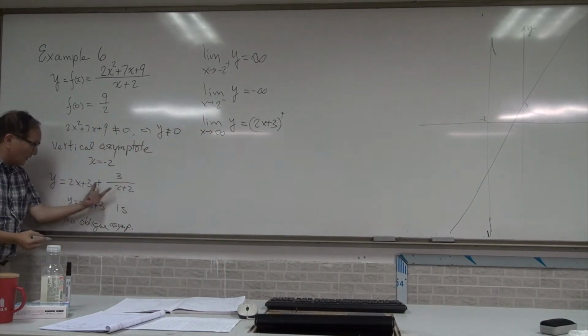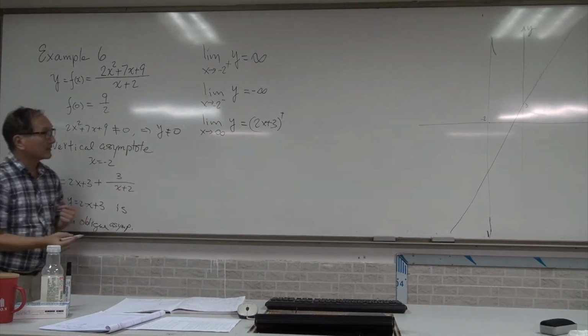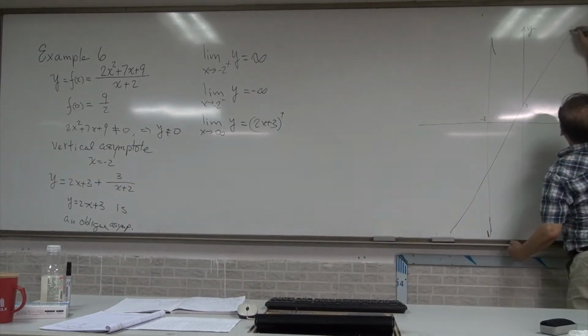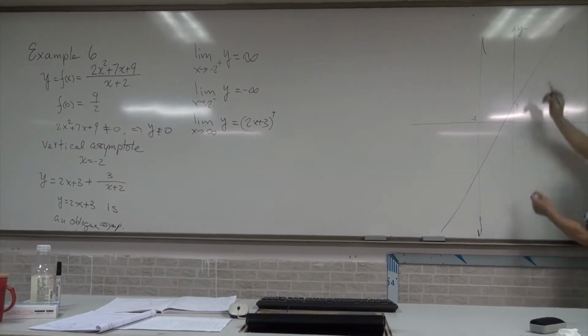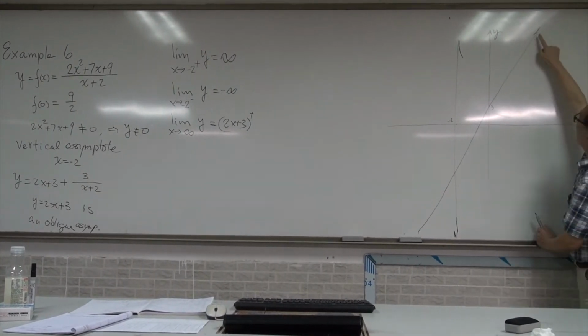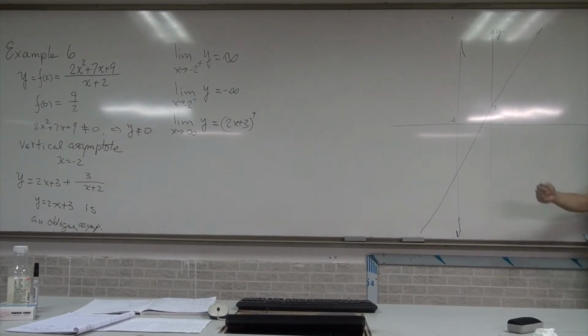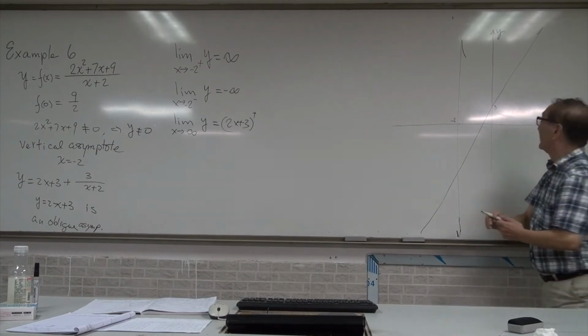A little more than this. So that means my asymptote is here. When x is very big, y is a little more than this asymptote. Do you see it? You have to see it.